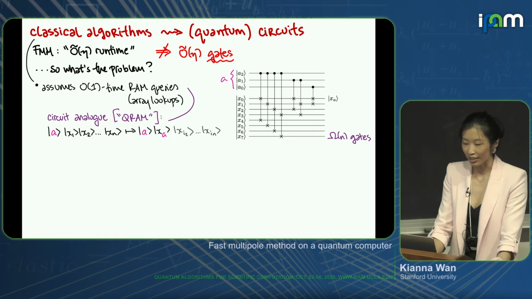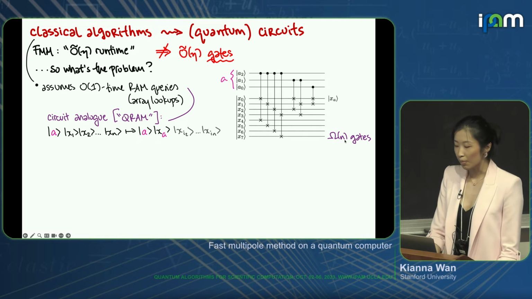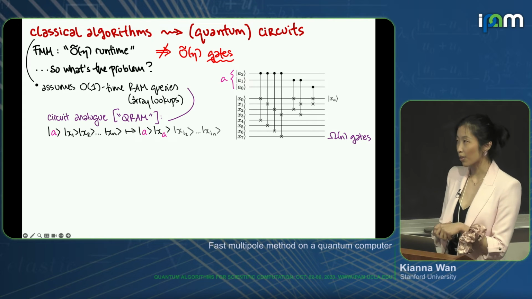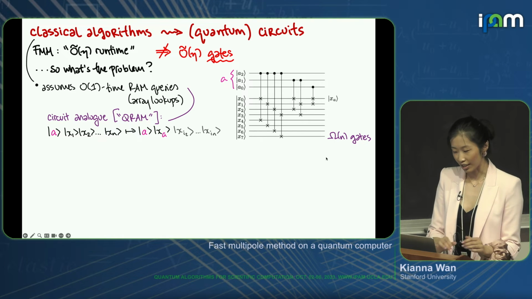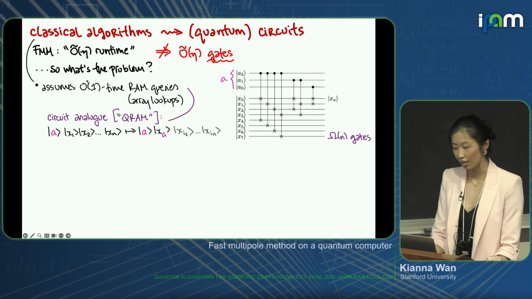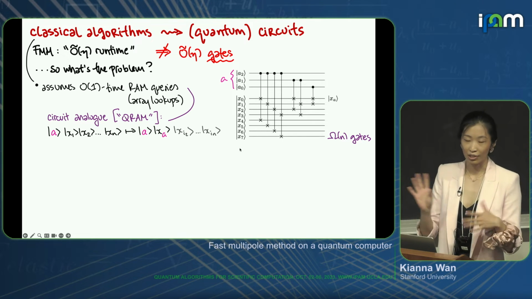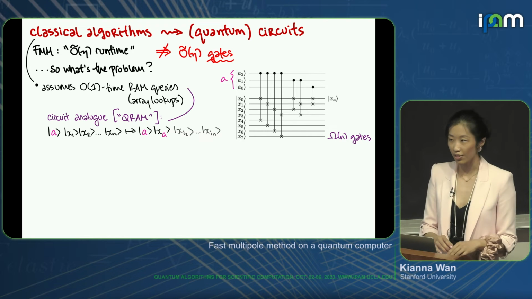So the upshot of all of this is that this linear complexity of QRAM essentially implies that every RAM lookup that's made by the classical algorithm translates to a linear cost operation in the circuit model instead of being order 1 cost, as is assumed classically. So in particular, in FMM, one uses a tree data structure to store the electron positions in order to access them efficiently.